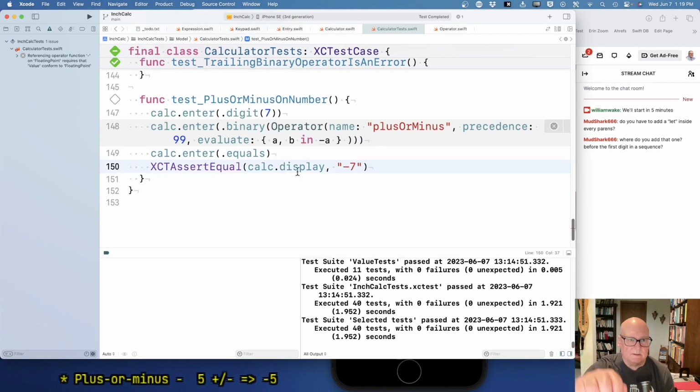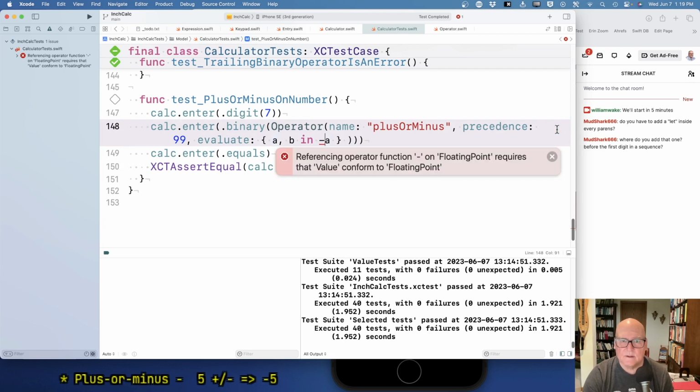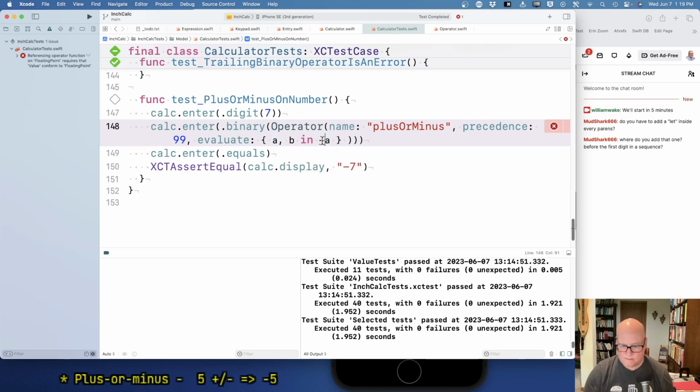Okay, so 7 plus or minus equals should be minus 7. It's just really... oh, it is values. I think we gave it a negate. Okay.